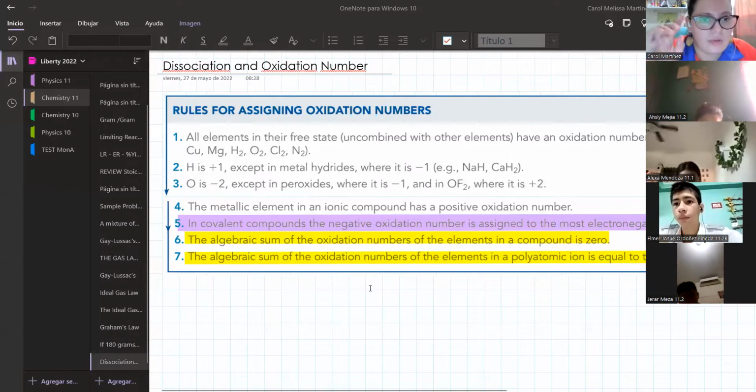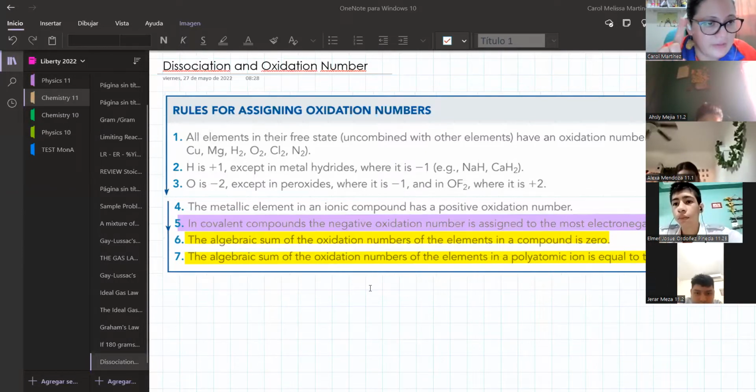Hydrogen is going to be +1 most of the time, except when it's combined with a metal. In that case, hydrogen becomes hydride, and the hydride has a charge of -1. So, first rule: uncombined elements have 0 oxidation number. Hydrogen is +1 most of the time, except when combined with a metal. That's why you have to know the elements of the periodic table, or at least be able to recognize them.